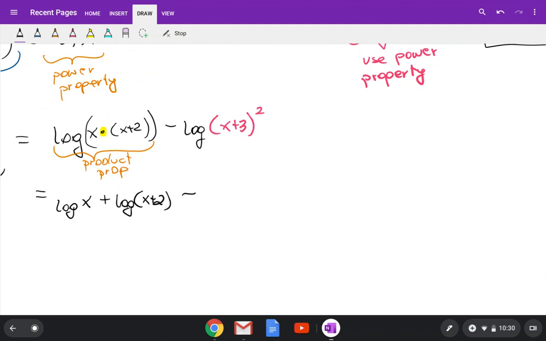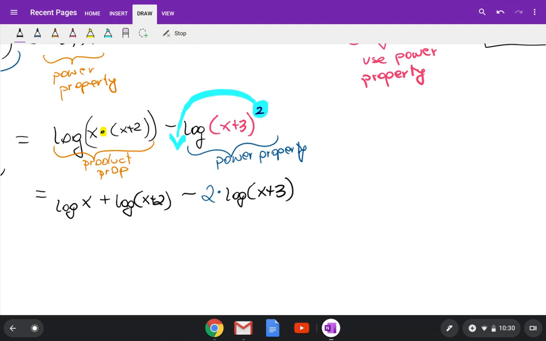Minus, and hopefully you see that we have an exponent, a power, so we can use the power property. We're going to move that power in front of the log. So here we're going to apply the power property. We're going to move that 2 in front of the entire expression. So this is the same as 2 times log of x plus 3.